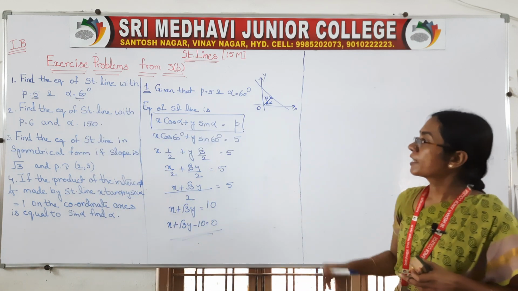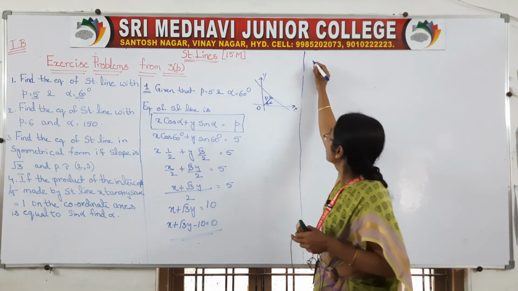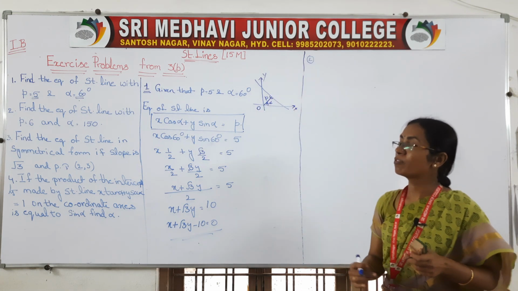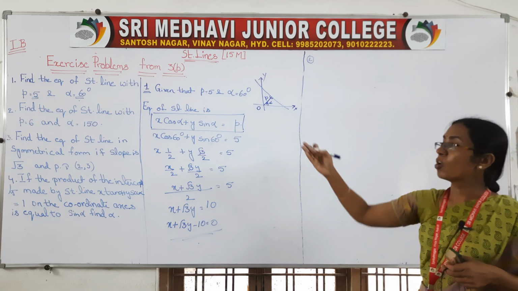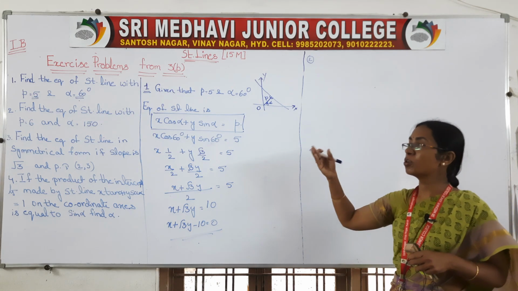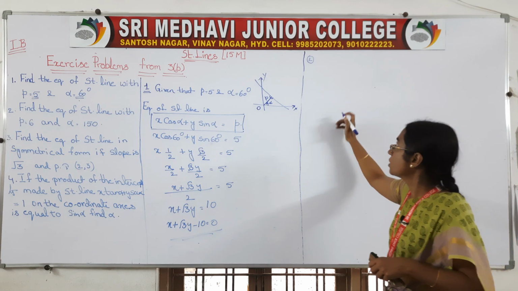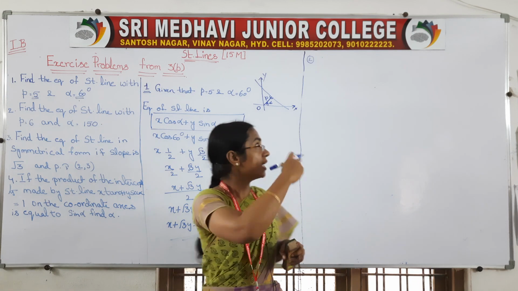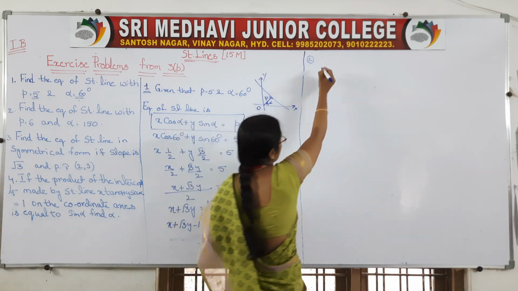Now come to the second question. In the second question also the same information is given to us. Then why are you solving it again, madam, you can ask. Alpha is given as 150 degrees. That's why you should know how to take that angle. In any problem, first try to write the given information.